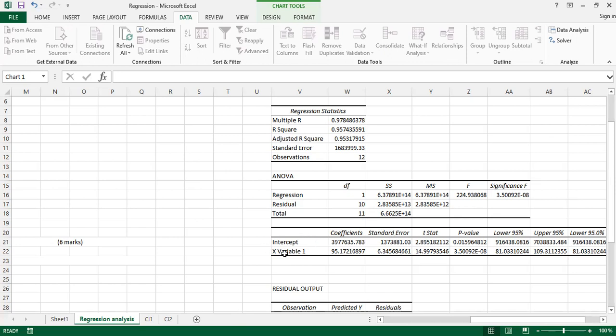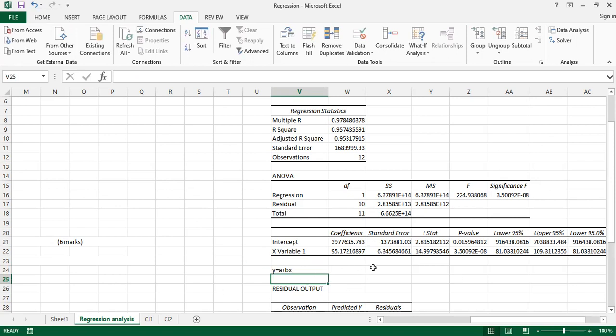So we have the intercept and the x variable. For our equation, I've said the equation was y equals a plus bx, isn't it? So here, this is our equation.